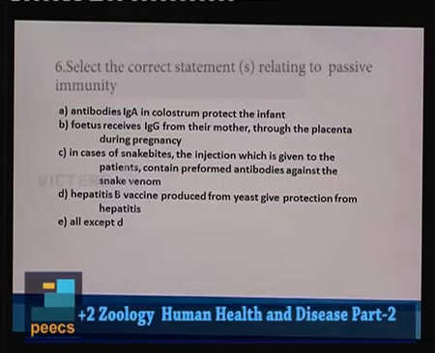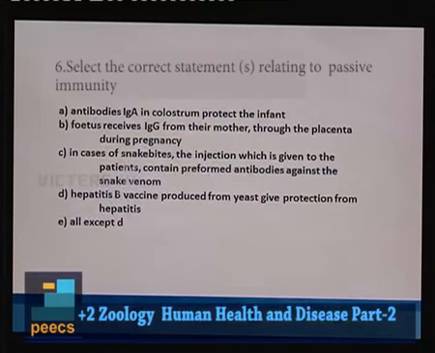What about option C? In the case of snake bite, we are giving preformed antibodies, which is also passive. This passive immunity is artificial because we are artificially introducing antibodies. What about option D? Hepatitis B vaccine produced from yeast given to an organism for protection.